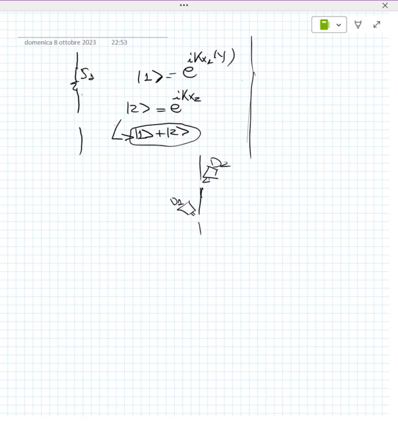They can measure if the photon is passing through one slit or the other, and the detectors always detect only one photon, either here or here. It's not possible for the photon to pass through both slits at the same time.